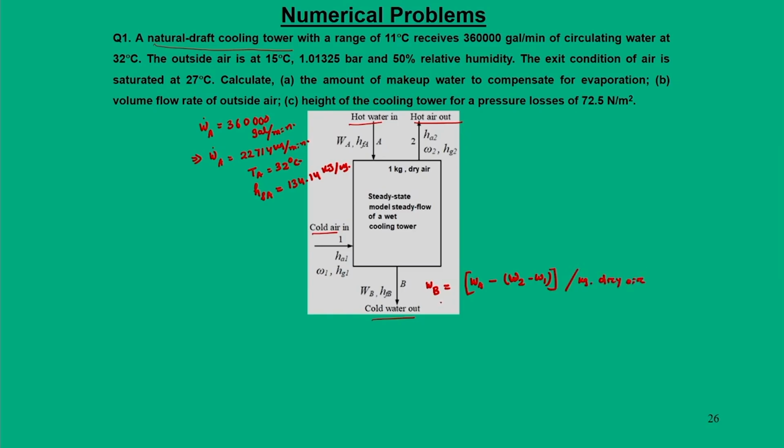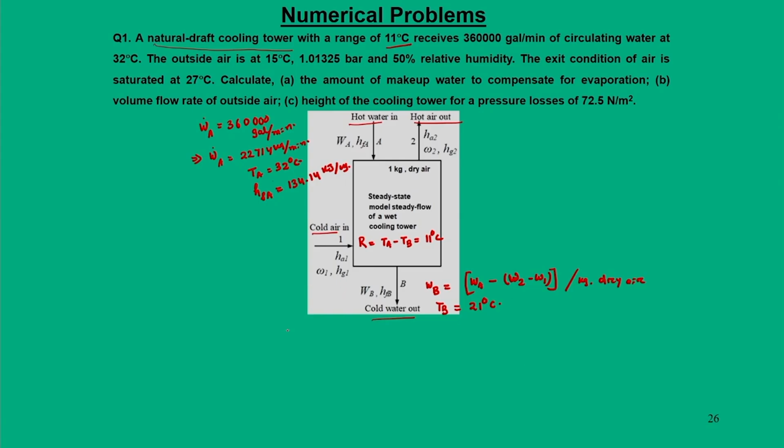And the temperature at the outlet TB is equal to 21 degree centigrade, because we have a range of 11. Range means TA minus TB is equal to 11 degree centigrade. So, TA is 32, which means TB will be 21 degree. Okay, so this is for the water part.